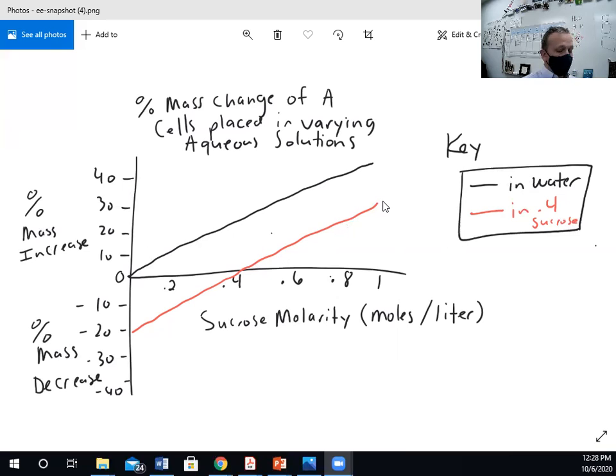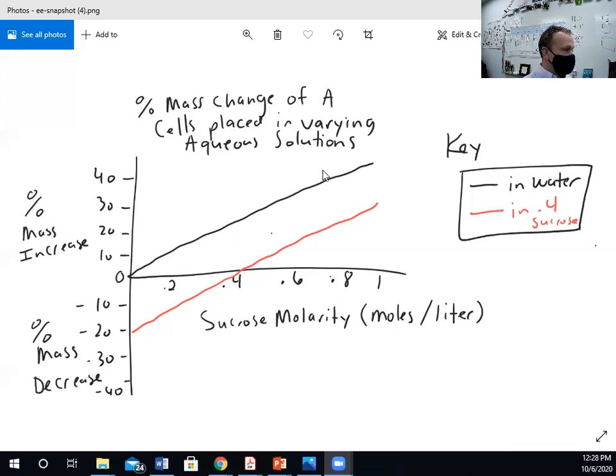Okay. Now, if I wanted to use the same graph for the third part of investigation 4, could I? Absolutely, I could. But it's an entirely different structural experiment, right? Now the thing that's constant is the tissue that's going into the liquids.